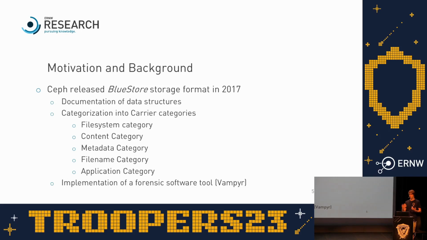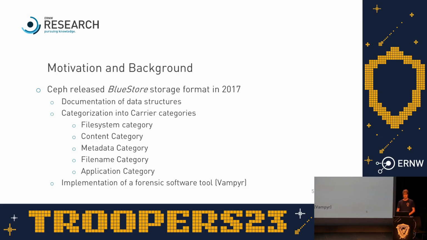It contains the metadata of files, for example, timestamps, access permissions, owners, something like this. The file name category is also straightforward. It includes the file name and maps it to a file system internal ID. For example, if you know something about ext and related file systems, you maybe know inodes, and here you have IDs, and you map it to the actual file name or directory name. And at last, there is the application category.